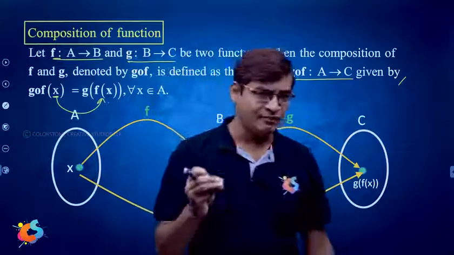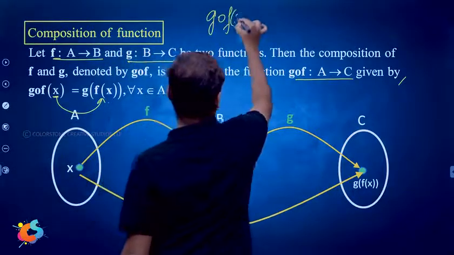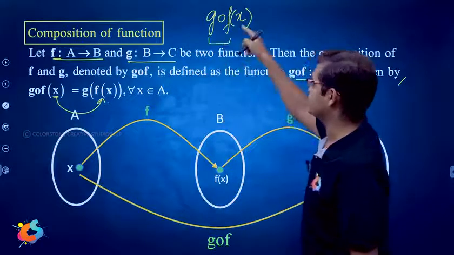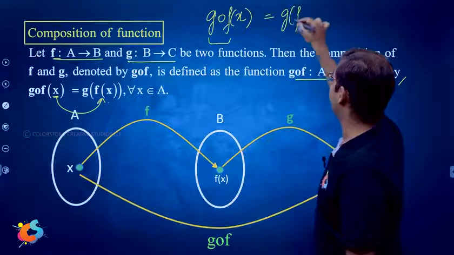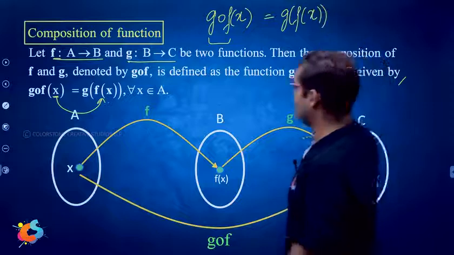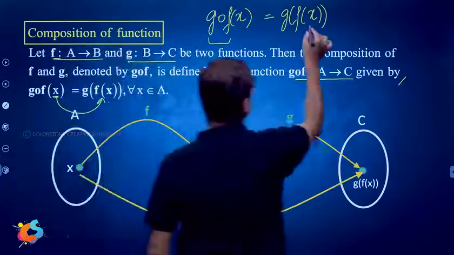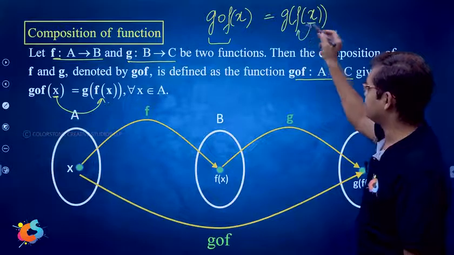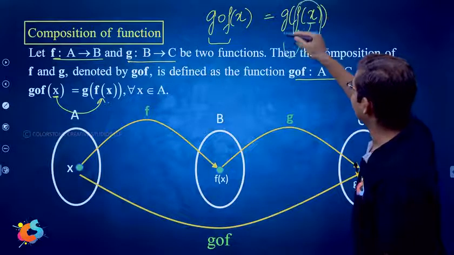Let us do one by one. For g circle f of x, the same thing. This whole thing is a function. If you are giving x, where is it going to? g of f of x. So here, first we can see that x is being taken by f, and x goes to f of x. Now, whatever is f of x, that is the input for g.